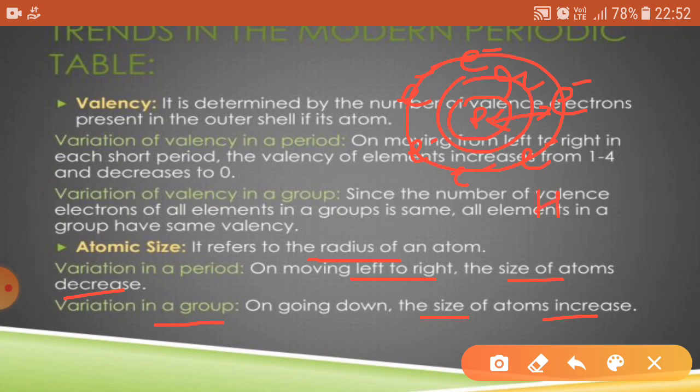For example, in hydrogen there is only one shell, that is K, in lithium there are two shells, K and L, in sodium there are three shells, K, L, and M, and similarly in potassium there are four shells, K, L, M, N. It means the number of shells is increasing and the size of the atom, meaning the distance between the nucleus and the electron, also increases. Hence atomic size increases down the group.